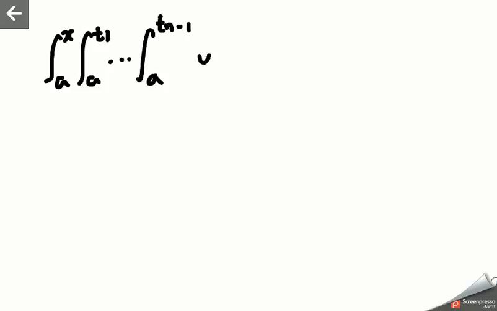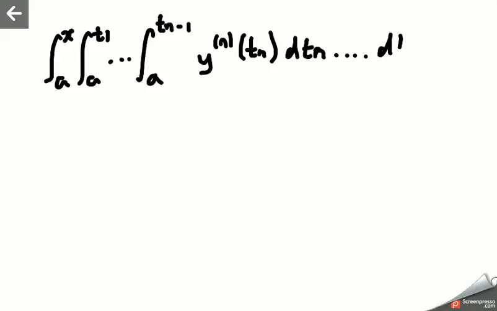the integral from a to x of the integral from a to t1 of dot dot dot of the integral from a to tn minus 1 of the function y differentiated n times at the point tn dtn, so integrated with respect to tn dot dot dot all the way to integrated with respect to t2, integrated with respect to t1.